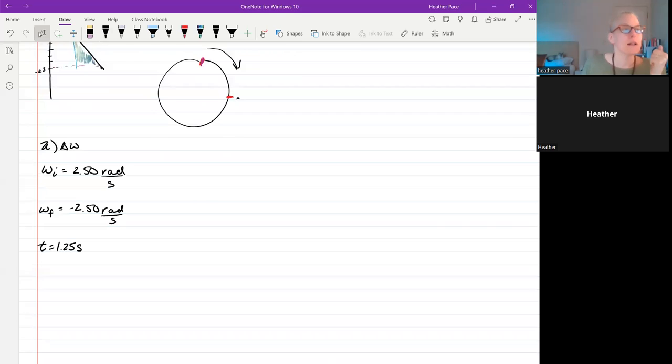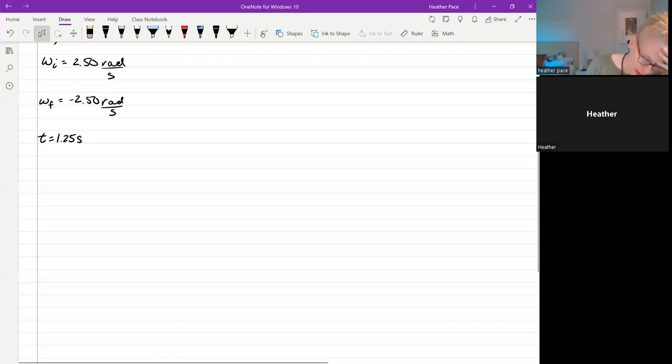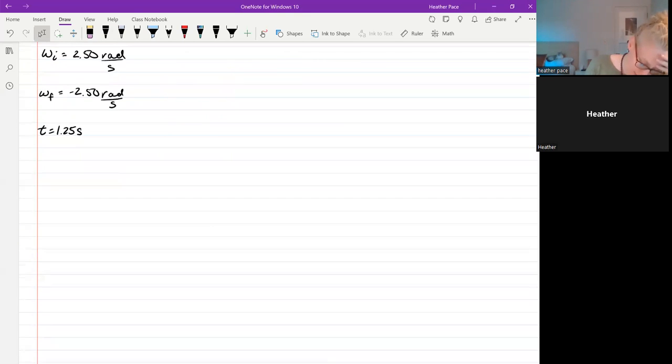All right, so delta omega, we don't even have to look at our kinematic equations because delta omega is just the change in our omegas. And so really you just subtract one from the other. So let's take delta omega.